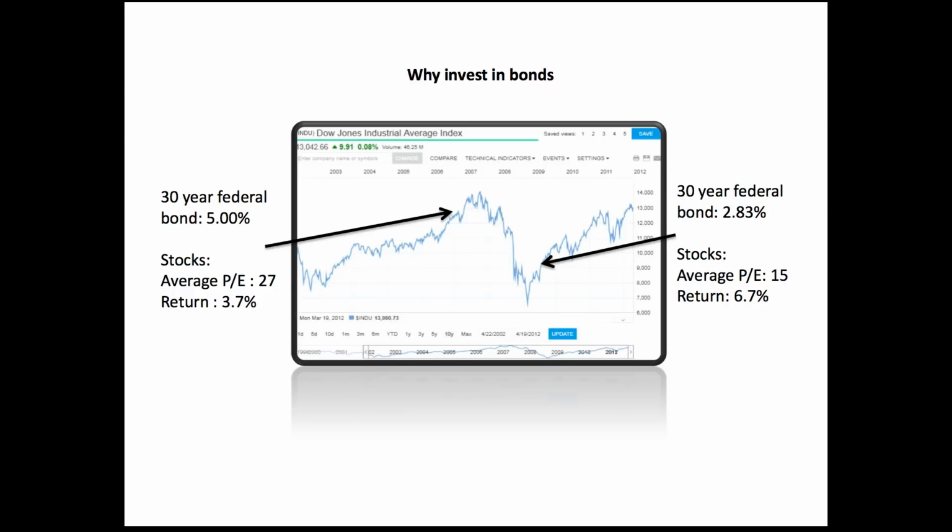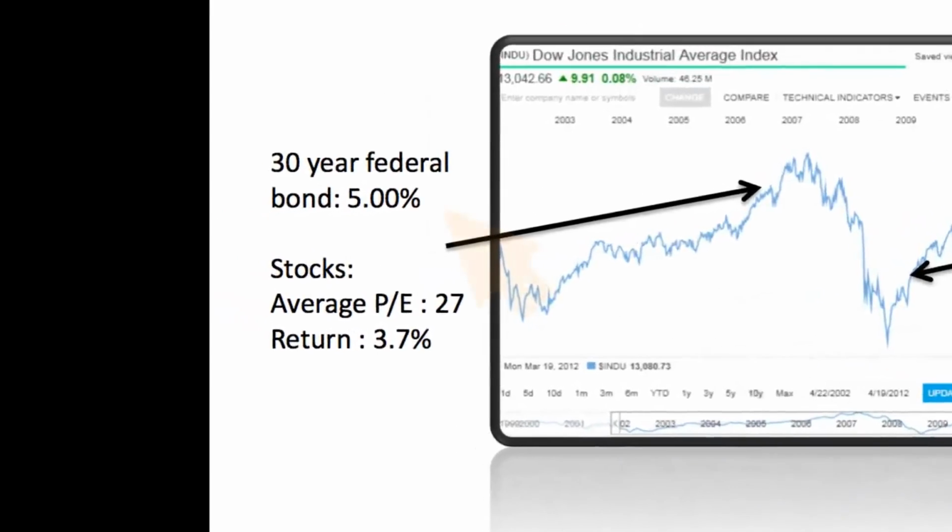What I've got here is the Dow Jones Industrial Average through our last market crash in 2008, and you can see the timeline above there. What I did is I looked up what the 30-year federal bond rate was back at the beginning of 2007, and that bond rate was around 5%.